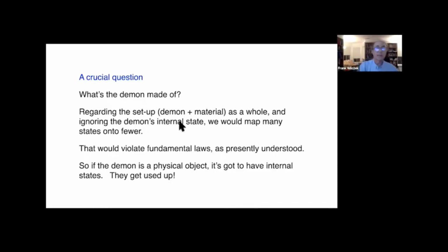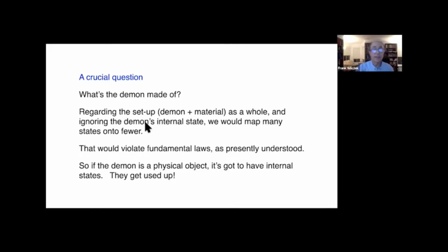And the basic equations of physics, however, always preserve the number of states, and so they don't allow you to physically realize the operation that the demon is supposedly doing, that is to take many states and map it onto fewer states.